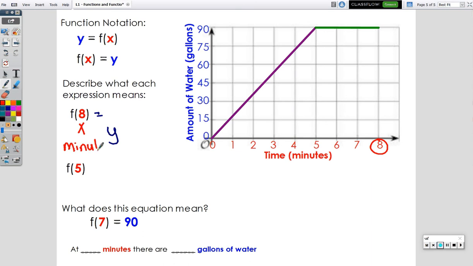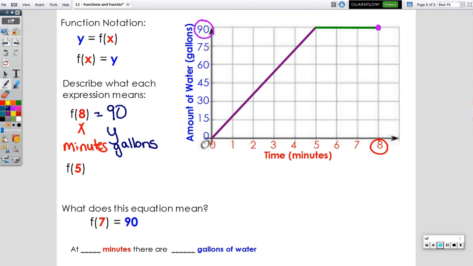At 8 minutes, we're looking at our y value, which is our number of gallons. So to find the answer that goes here, all we have to do is go to 8 minutes. We're going to go up our graph until we hit our line, and then we're going to go across to figure out how many gallons that represents. And in this case, it's going to be 90.